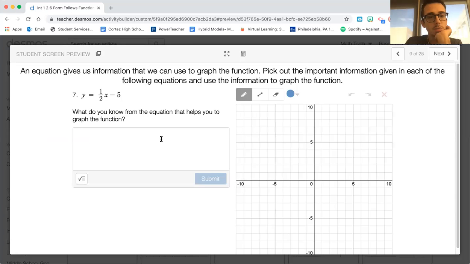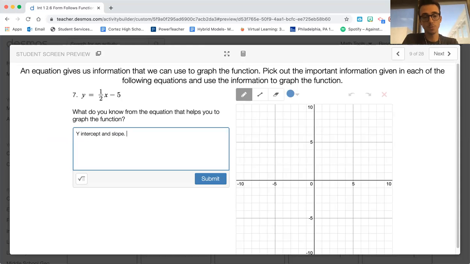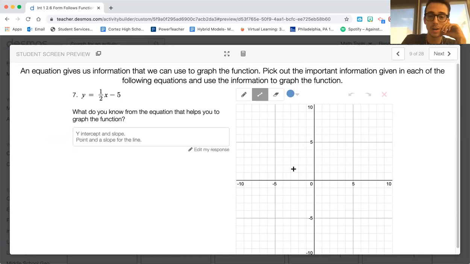Keep it going. What do you know about the equation based off of that? I know that this gives us the y-intercept and slope. So really, it's giving us a point and a slope for the line. We actually have to graph this. All right, y-intercept's -5. This is going over 2 units and then up 1.